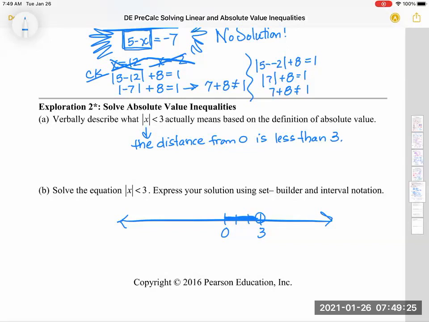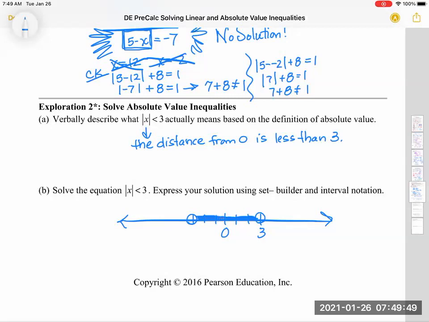Well, not only can we go to the right, we can go to the left too, right? So you'd go -1, -2, -3. It couldn't be all the way to the left, -3 units, so we'll put an open circle. But we could be -2.9 units away. We could be -2.5. We could be -1.